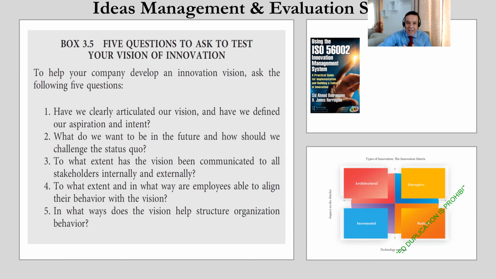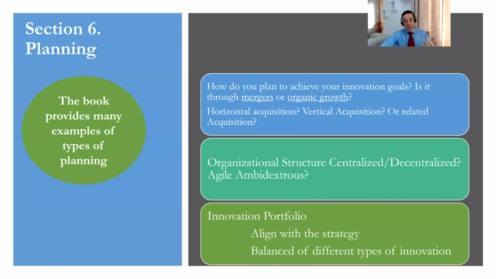To what extent has the vision been communicated to all the stakeholders, internally and externally? That's very important. If your employees do not know about your innovation vision, then most likely you still don't have one. You simply have it in your mind or in your documentation, and that will not allow you to have an efficient and effective innovation management system.